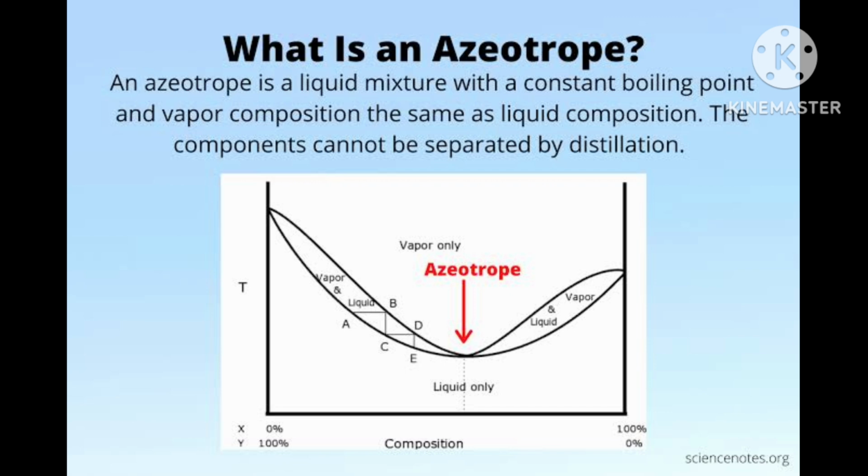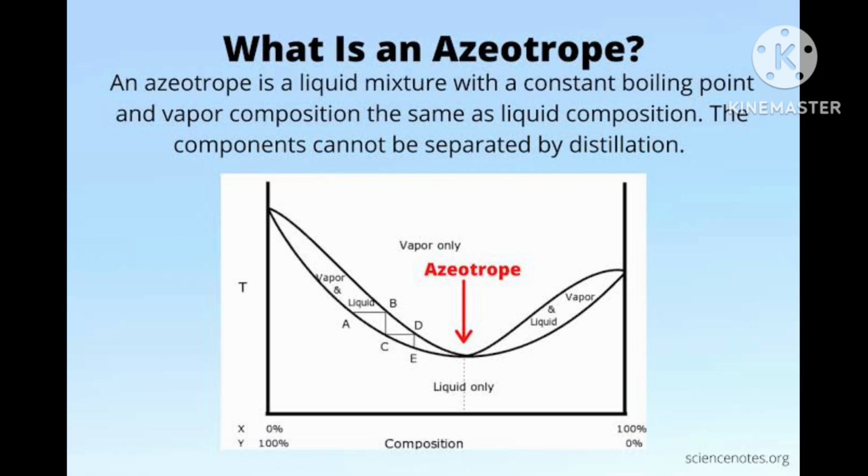In positive deviation, AB interaction is weak, and here AB interaction is more. Due to that, positive and negative deviation takes place.